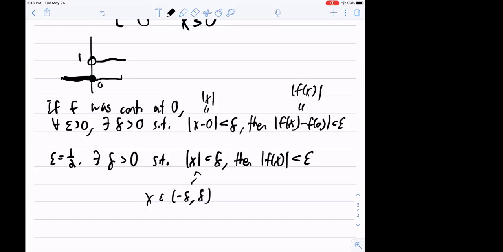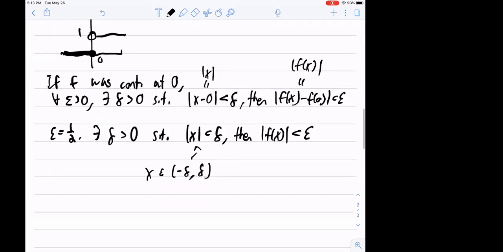So this can't be true, right? Because, sorry, epsilon is a half here. So you can write a half. Hopefully that makes things more clear. So here you see this can't be true, right? Because this interval, take delta over 2, for example. This element, delta over 2, certainly is in this interval, right? It's in here.